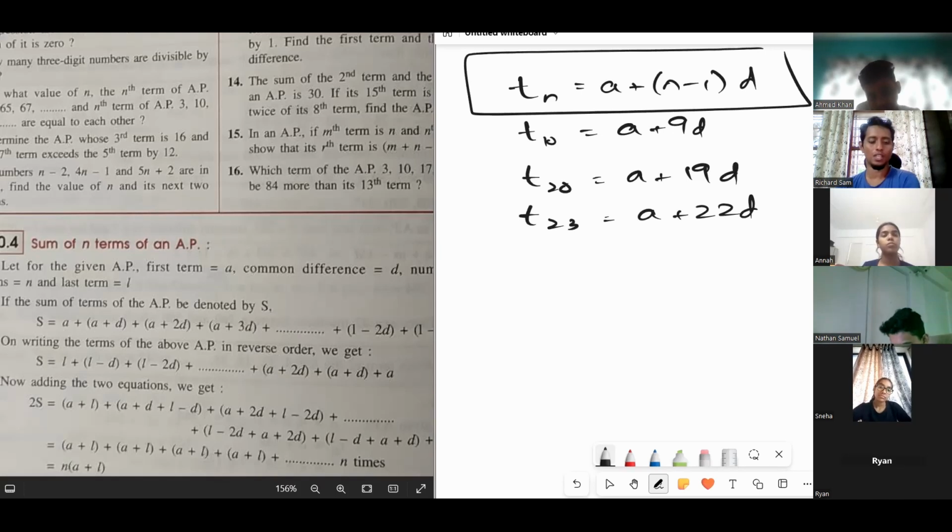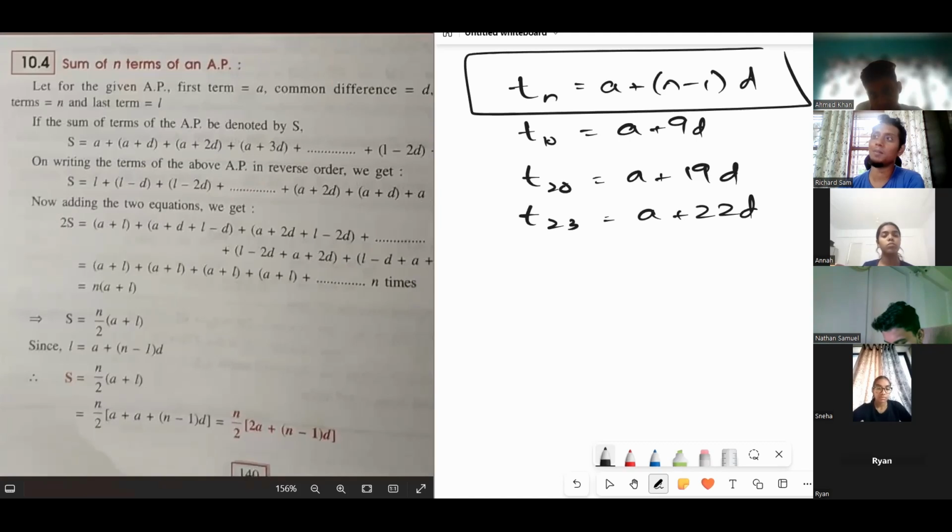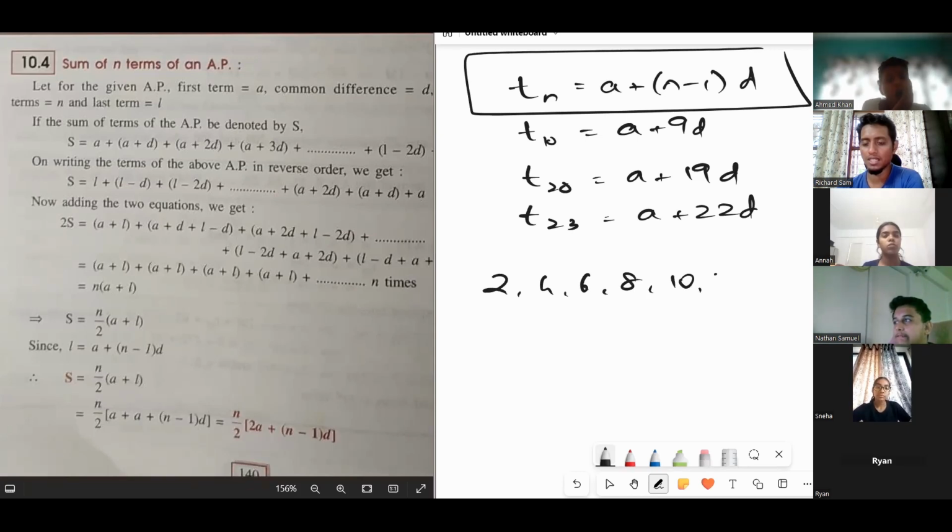Now, in this next part of the chapter, you have two more formulas to find the sum of the terms. Till now, we never found the sum of the terms of an AP. For example, I'll give you an AP: 2, 4, 6, 8, 10, 12, 14. And I ask you, what is the sum of this AP? Slowly you can do 2 plus 4 plus 6 and add it.